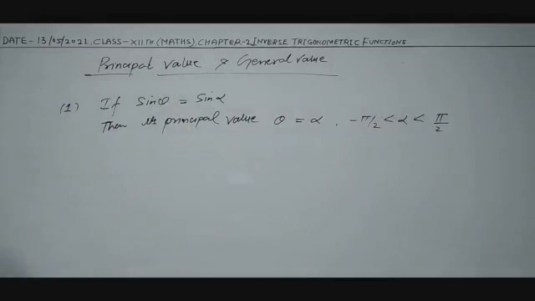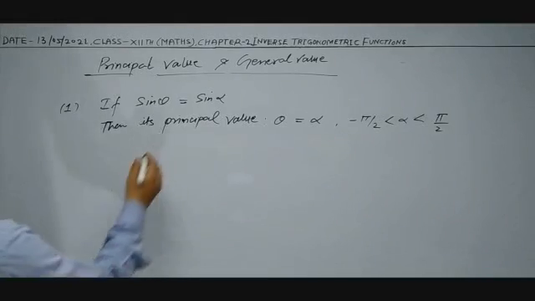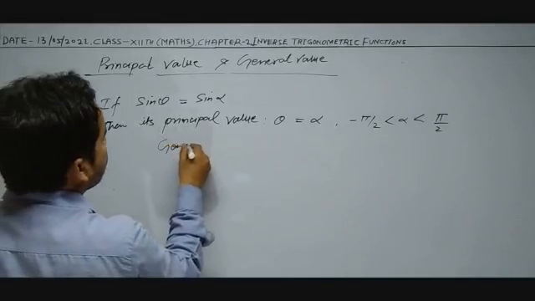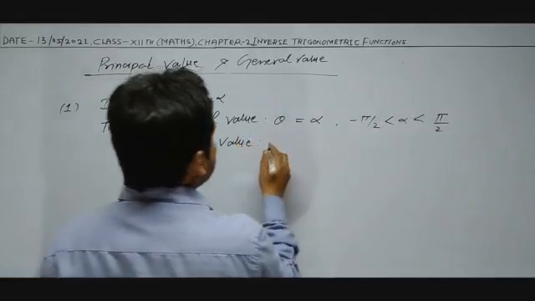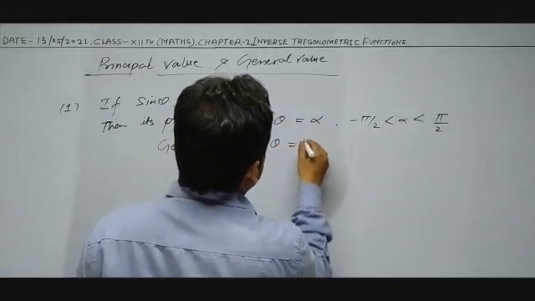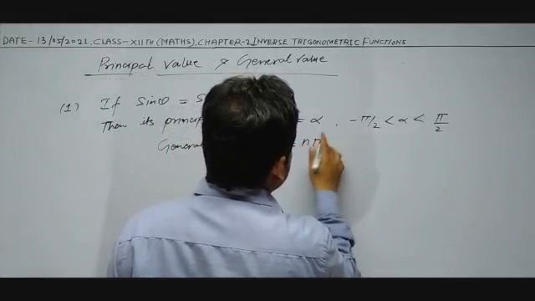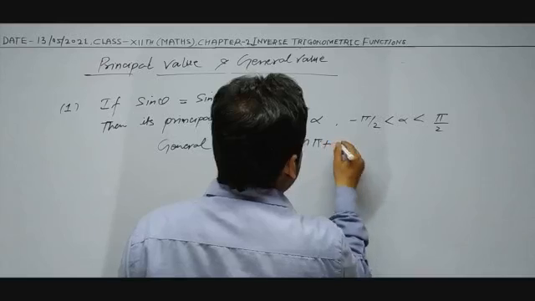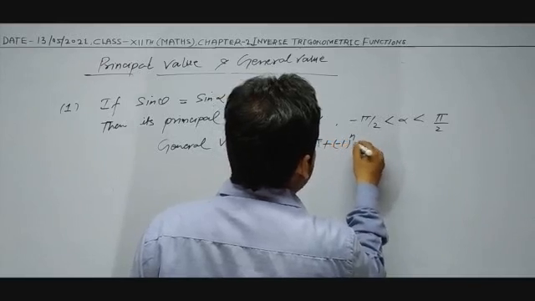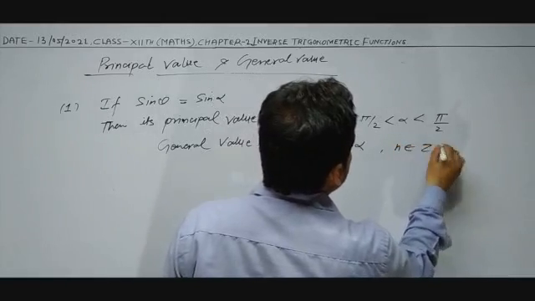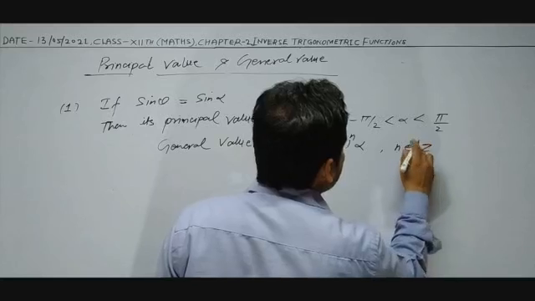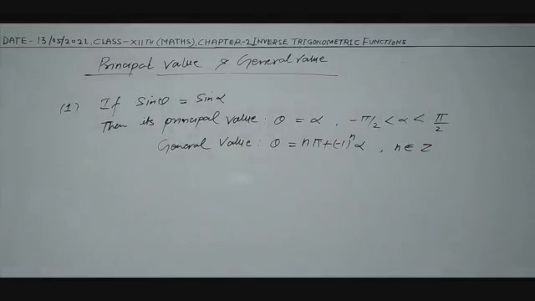This is the principal value. General value is theta is equal to n pi plus minus 1 to the power n alpha, such that n belongs to integer. This is the general value.